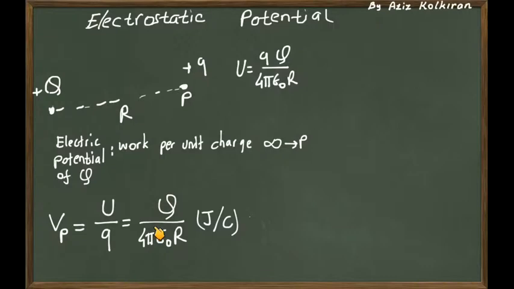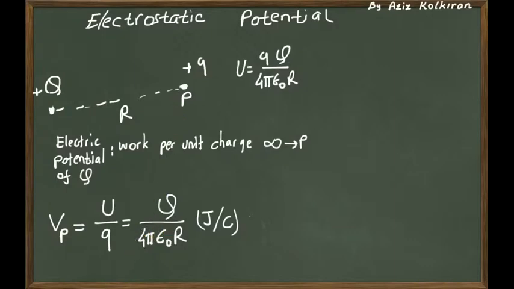That's it. It is k times Q divided by r. So in this expression, as you see, there is no second charge. The electrostatic potential is not equal to electrostatic potential energy, and the electrostatic potential for a point charge at a point P, which is r away from it, is equal to this expression.